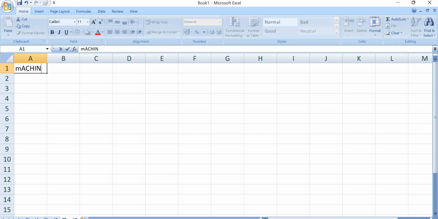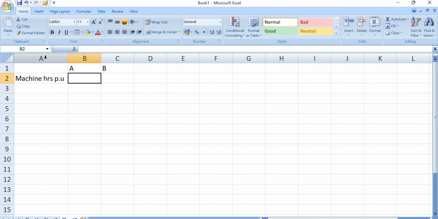So machine hours per unit for A and B: that is 25 divided by 10, 2.5 hours, and 15 divided by 10, that is 1.5 hours I require, right?